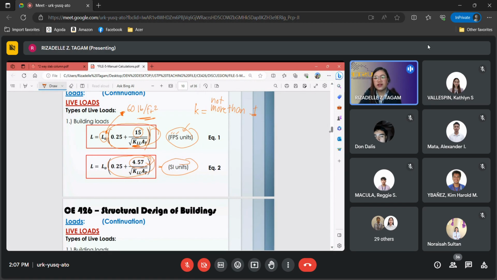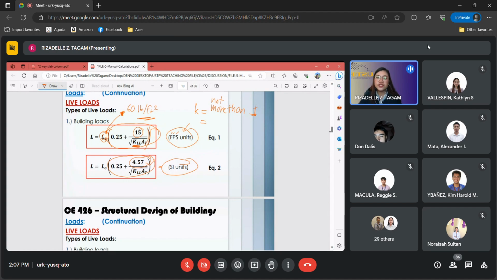Nganong not more than 1? Tungod kay reduction factor man. I-reduce man nato ni nga value. Unya, kung musubra siya 1, mahulog siya 1.25 imong nakuha ang answer, wala na ta nag-reduce. Nag-increase na ta sa atong live load. Our purpose is to reduce man. So, dili dapat siya more than sa 1.